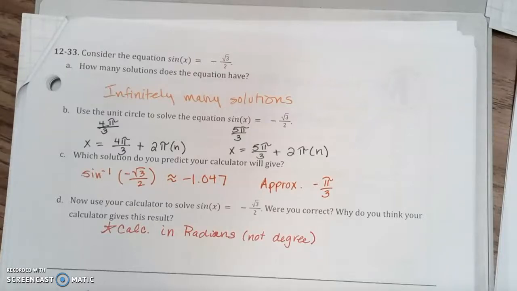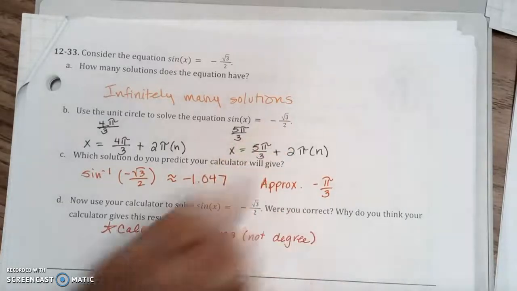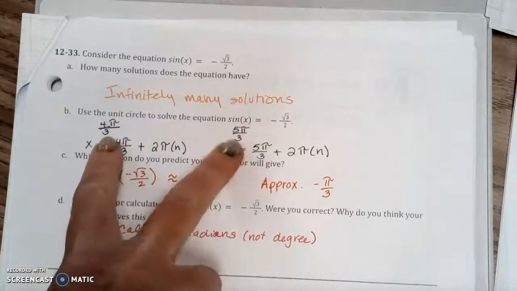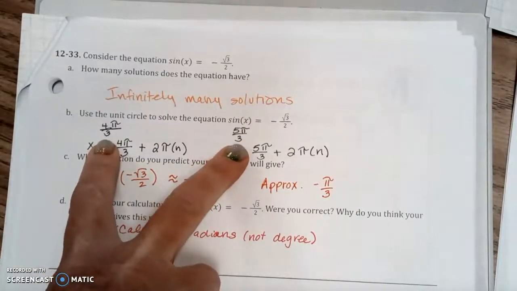So for part B, they want you to look at your unit circle and solve for when the equation of sine of x is going to be equal to the negative rad 3 over 2. So on the unit circle, you're going to see it in two spots.